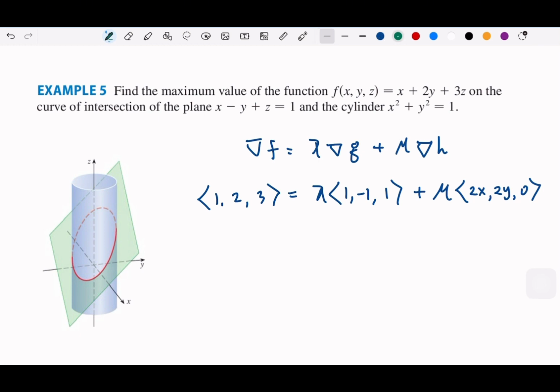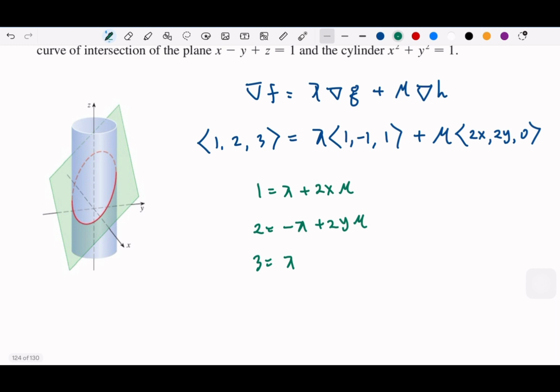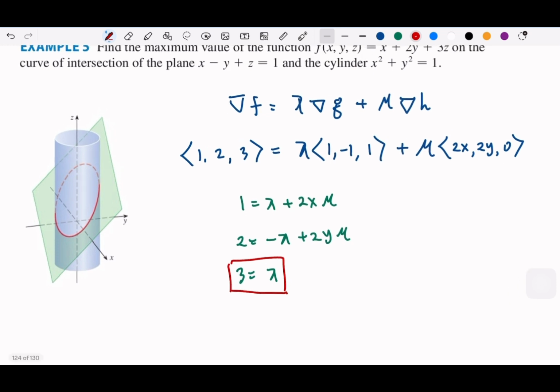And then we can equate each one of the axes. So 1 equals lambda plus 2x mu, 2 equals negative lambda plus 2y mu, and the last one is 3 equals lambda and nothing else. So immediately we get that lambda is 3, okay?